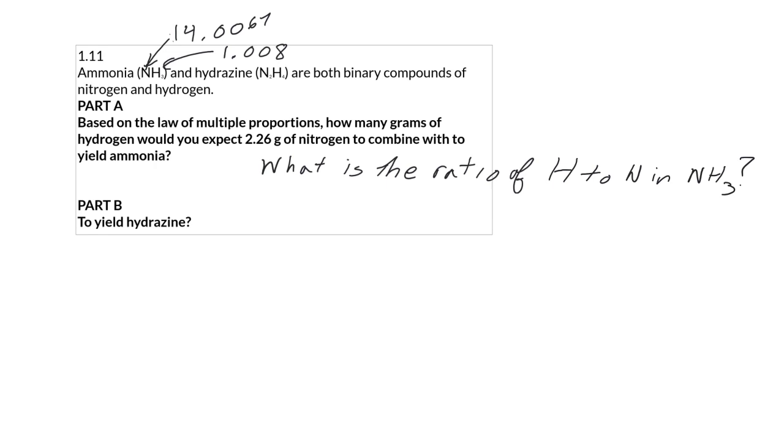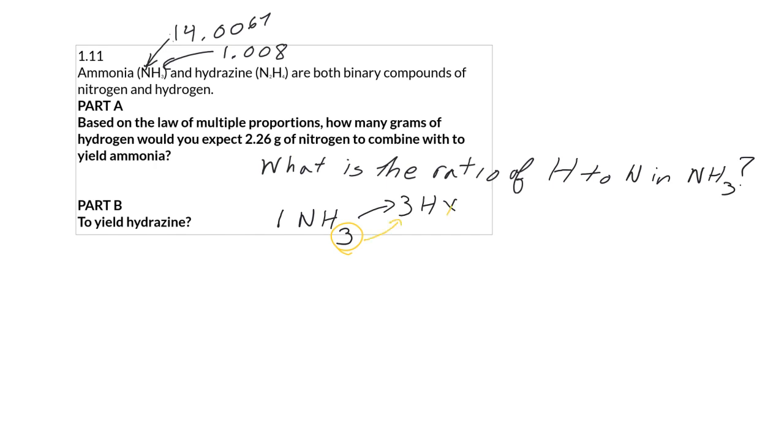I'm trying to think of the easiest way to explain this. In one molecule of ammonia, we have 3 hydrogens. How do I know that? Because of that 3 right there.